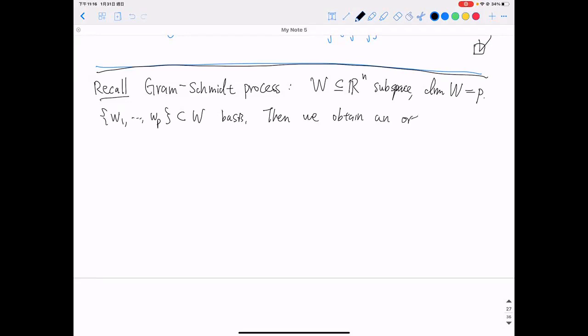obtain an orthogonal basis U1, U2 through UP of W given as follows.